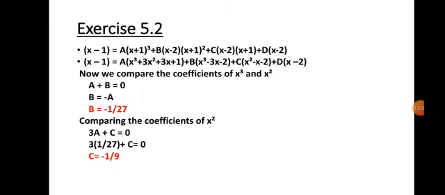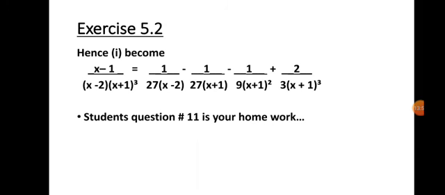So we are going to put all these values in equation 1. Hence equation 1 becomes (x minus 1) over (x minus 2) into (x plus 1) whole cube is equal to a. The value of a is 1 over 27. So 1 over 27 into (x minus 2), minus 1 over 27 into (x plus 1), because the value of b is minus 1 over 27. And the value of c is minus 1 over 9.